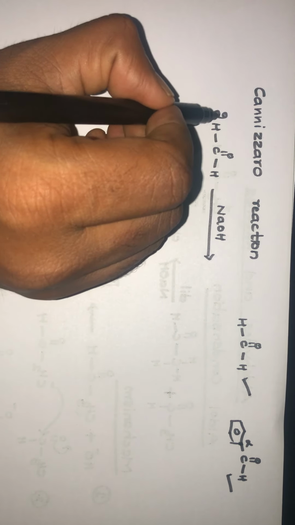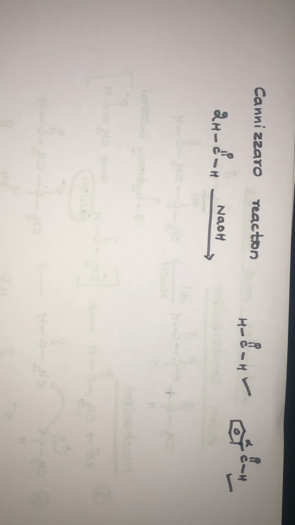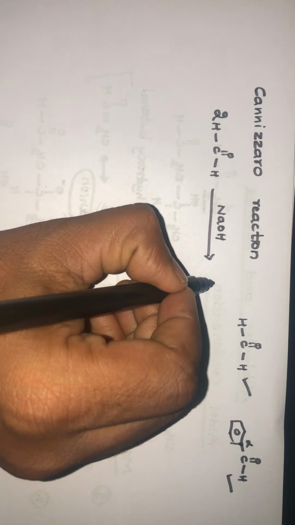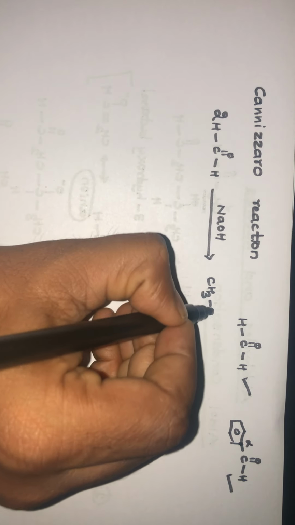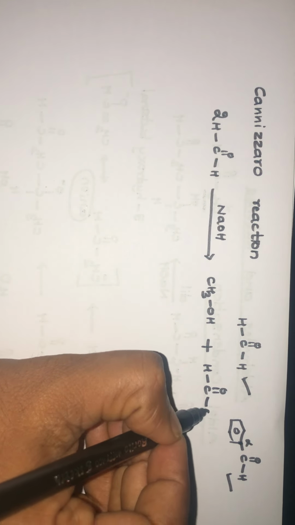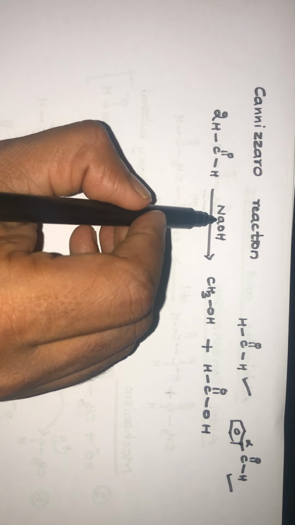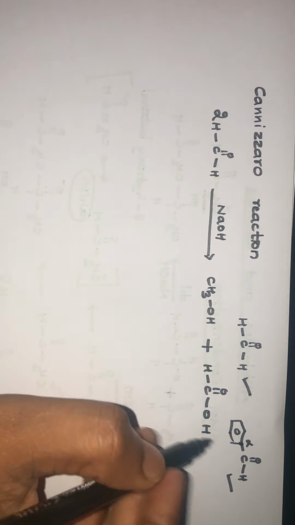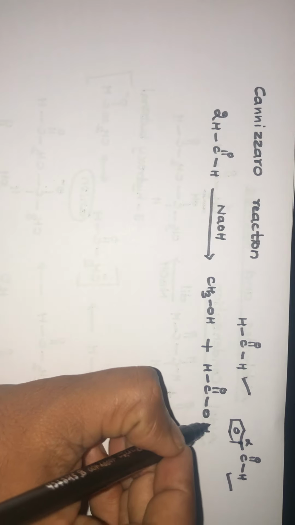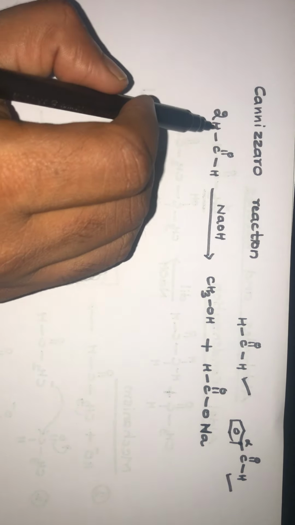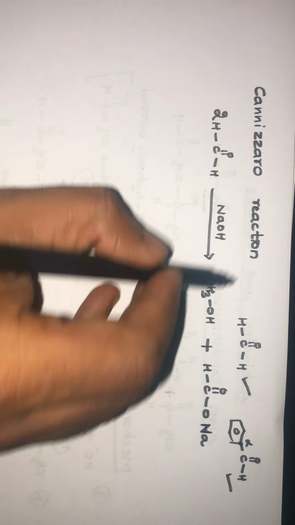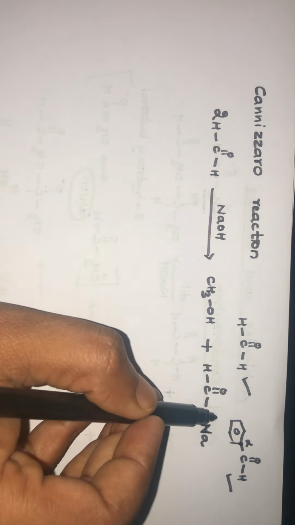So 2 molecules will be utilized. One molecule gets reduced to alcohol, CH3OH. Another molecule gets oxidized to acid, formic acid, C double bond O OH. But NaOH is still present here, so an acid base reaction takes place to form the salt. So self reduction as well as self oxidation takes place.